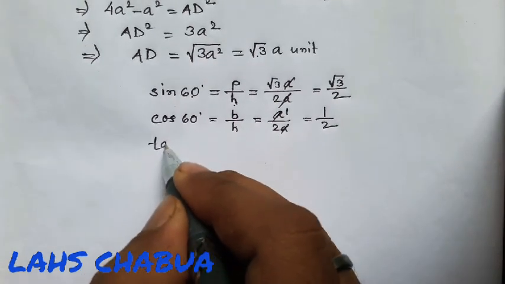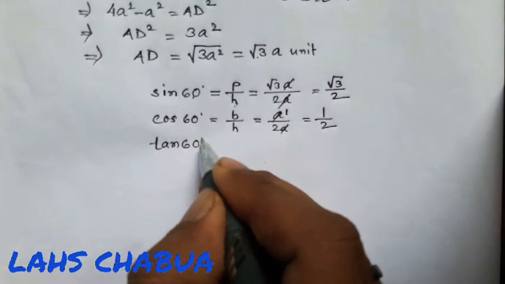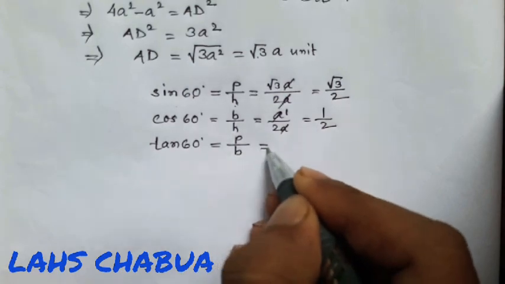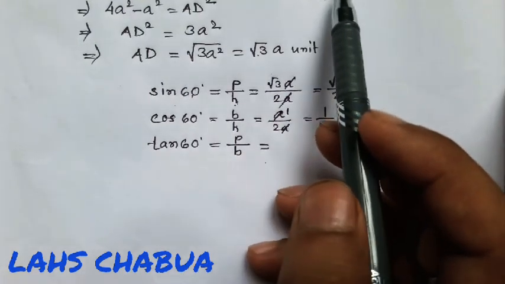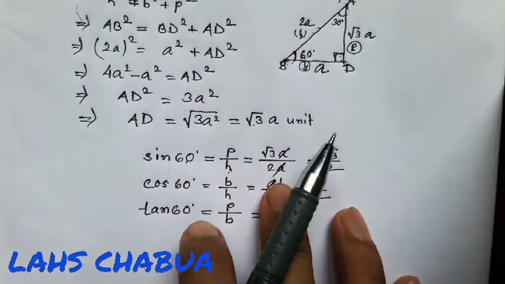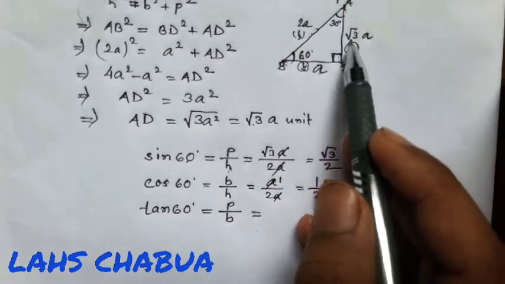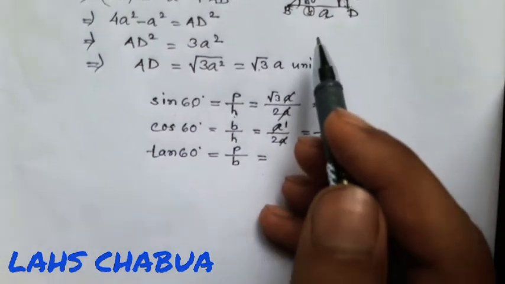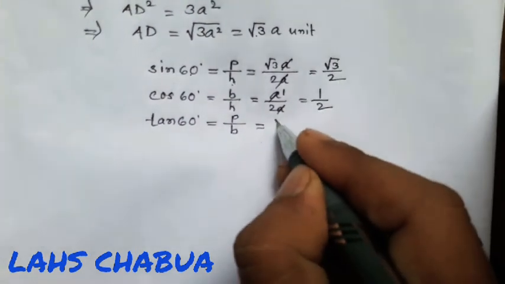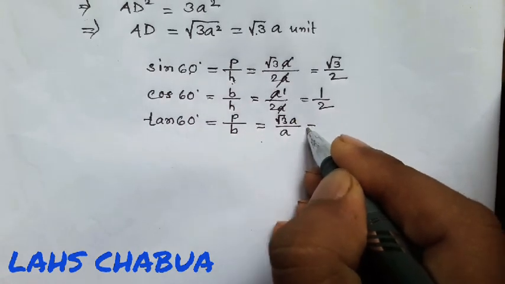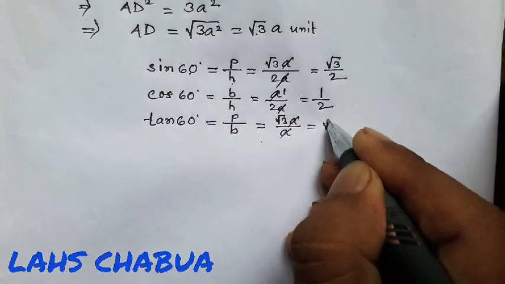Next, tan 60. Tan 60 degree is P by B, perpendicular upon base. Perpendicular, see in the figure, this is perpendicular, and this is base: root 3A upon A. A and A will get cancelled, so only root 3.